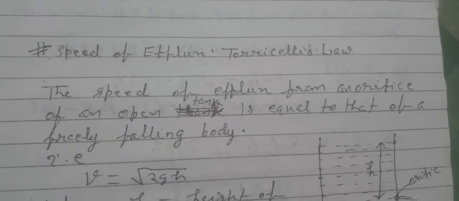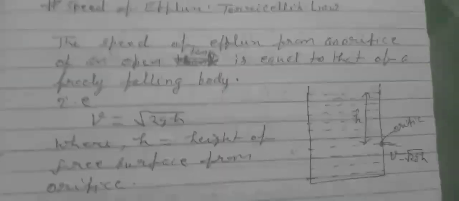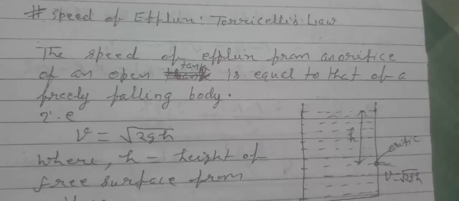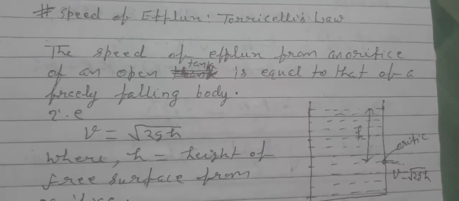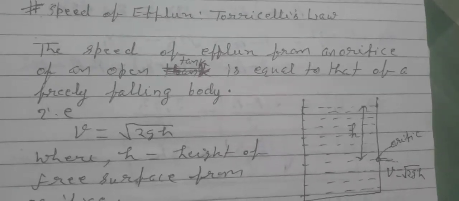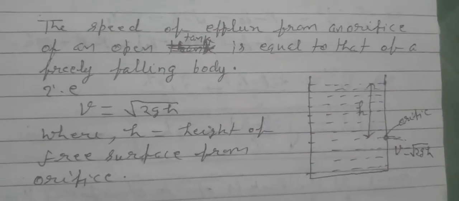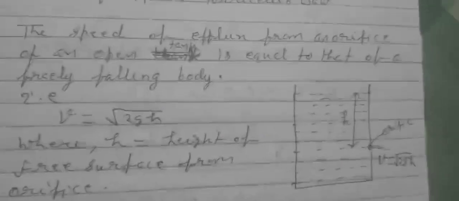Now, next topic is speed of efflux and Torricelli's law. The speed of efflux from an orifice of an open tank is equal to that of a freely falling body, that is v = √(2gh).